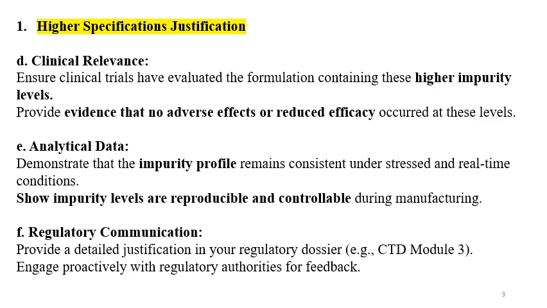It is not like that only one batch is showing higher impurity level or only one pack is showing higher impurity level and there is no effort taken by the applicant to control it. Show your efforts that the impurity levels are reproducible and these are controllable during manufacturing, through packaging, through storage recommendation, and also through proper care during the manufacturing.